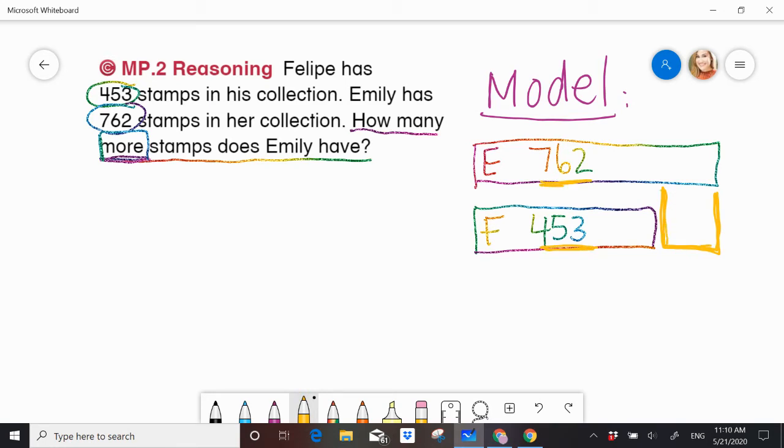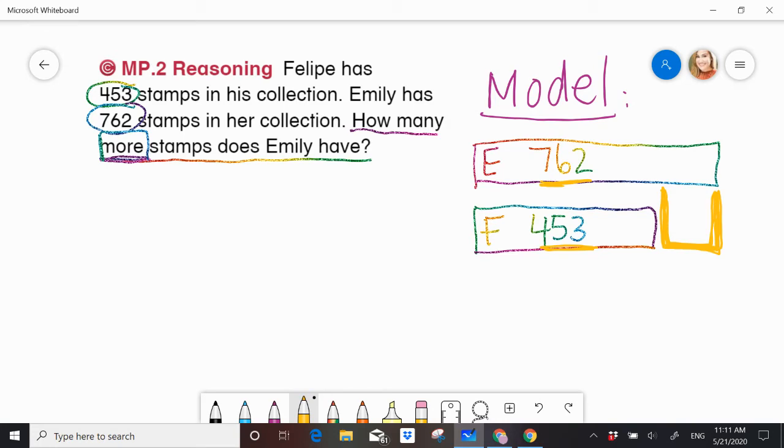I need to figure out how many more Emily has than Philippe. So Philippe plus a certain number is going to equal Emily's number, or Emily's number minus Philippe's number is going to give me that space in between. So I know this is going to be a subtraction problem.